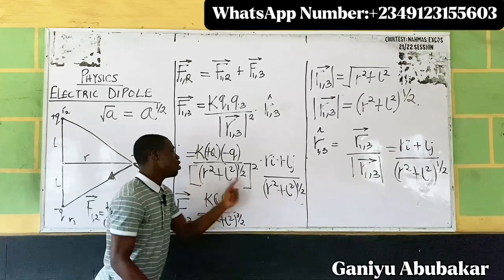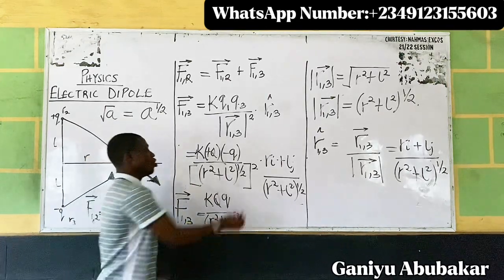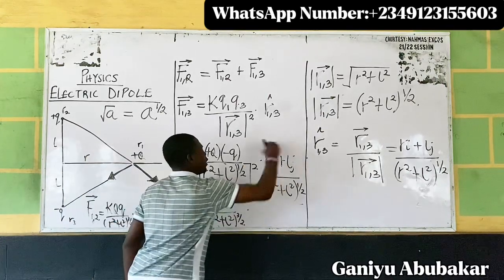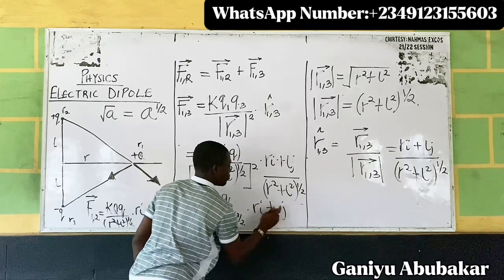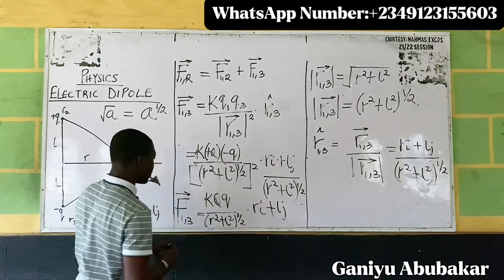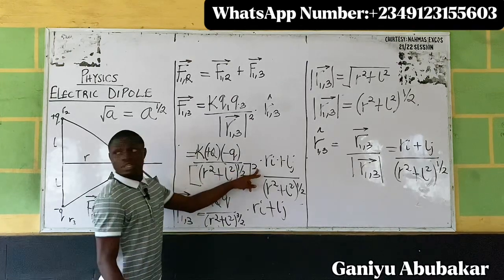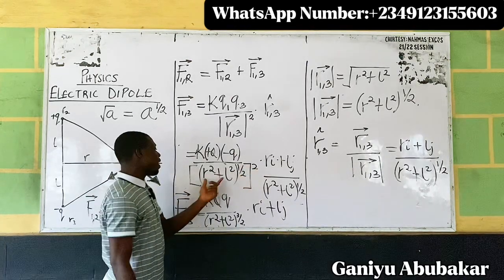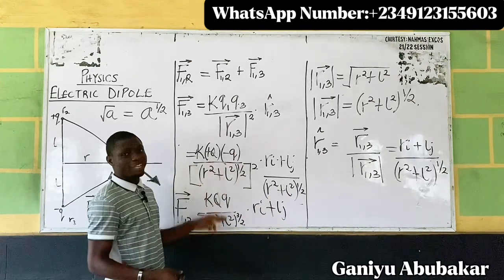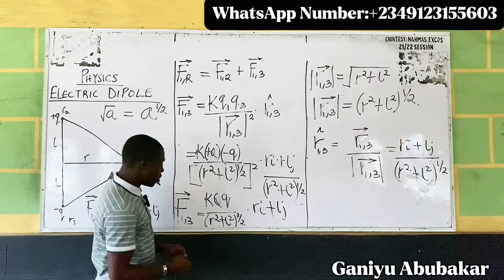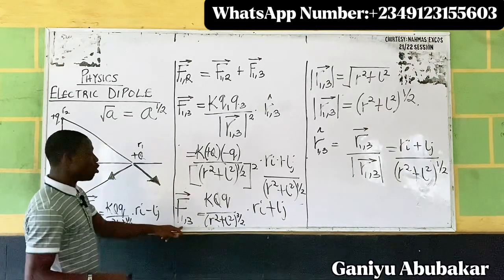So to save time, combine these two. I should have this as I explained initially before. So dot, this one here gives you ri plus lj. We said half and 2 gives you 1. Remember 1 here, combine this and this together using your indices law. You should have this as we explained initially. From here, this is my value for f13.